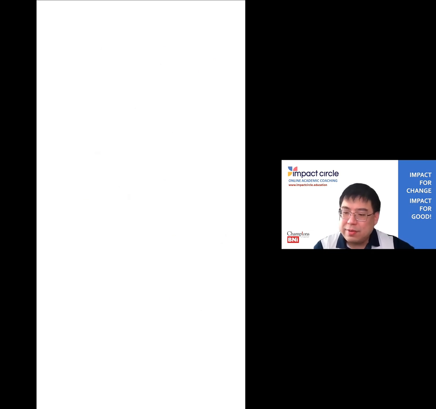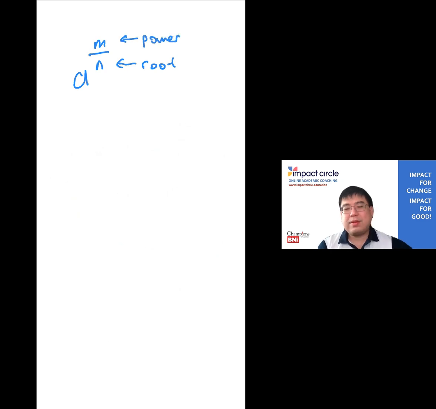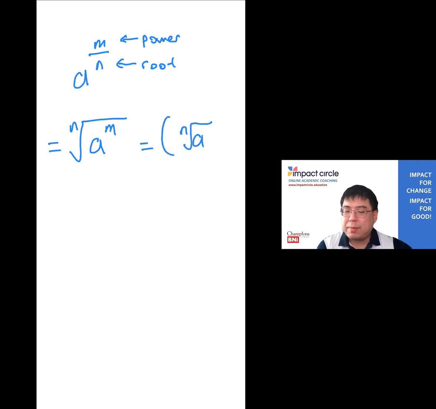Okay, finally, we have this, the general fraction. So the bottom represents the root. The top represents the power. Okay? So just remember, this is equal to either this to the root n, or you can take the root n first to the power of m.